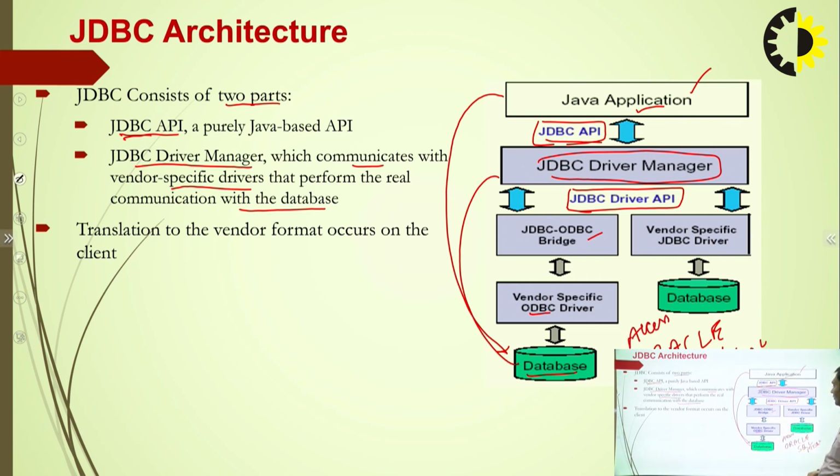So there may be different kinds of databases in which we can store our data. The JDBC driver API provides a mechanism through which we can connect different kinds of vendor-specific databases to the Java application.